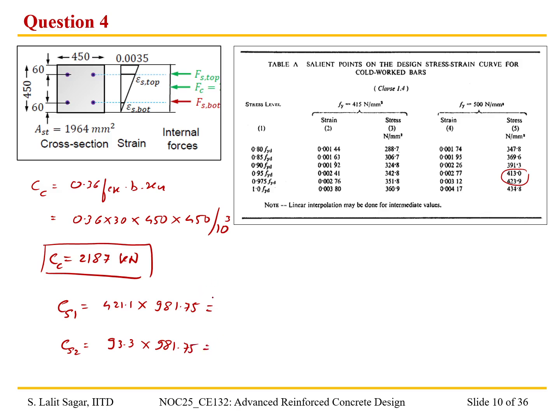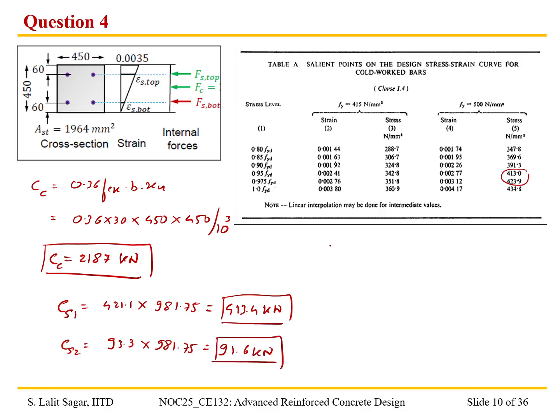So this gives me the value of 413.4 kilonewton, and CS2 is 91.6 kilonewton.